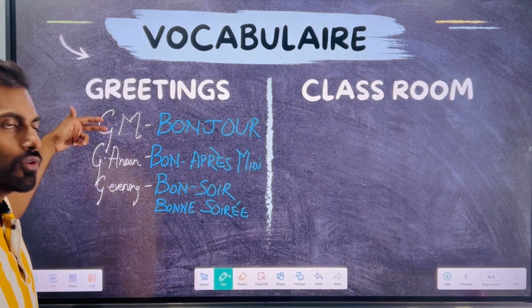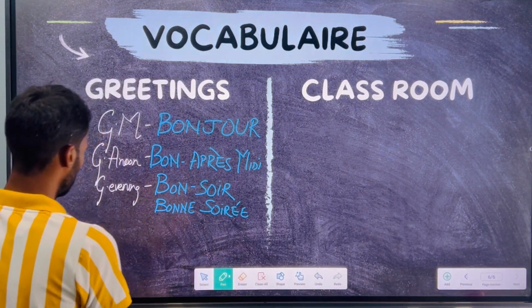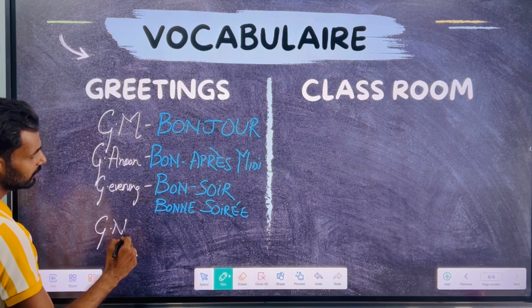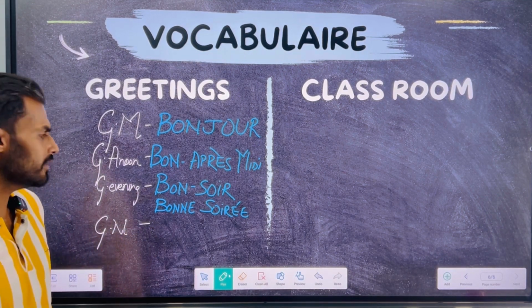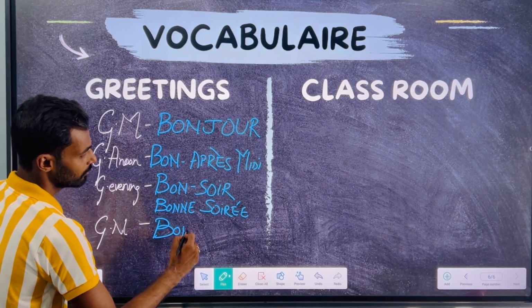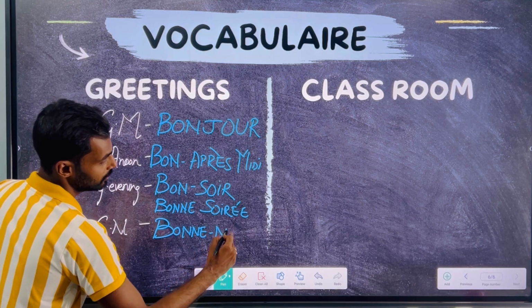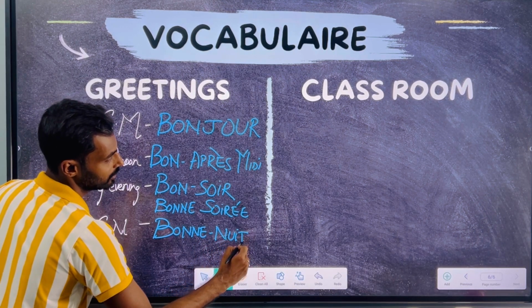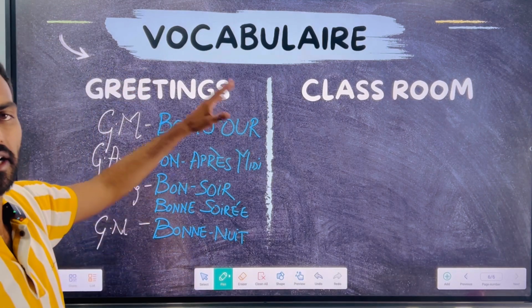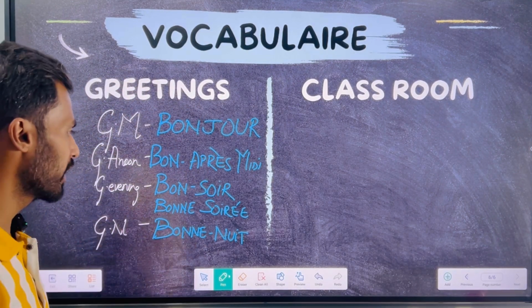We have done good morning, good afternoon, good evening, and now good night, my friends. How do we say good night? Bonne nuit. Nuit means night. So these are the common greetings that we say in French.